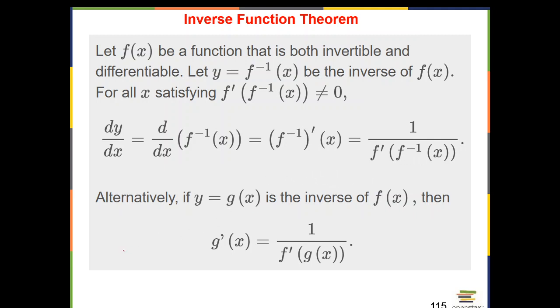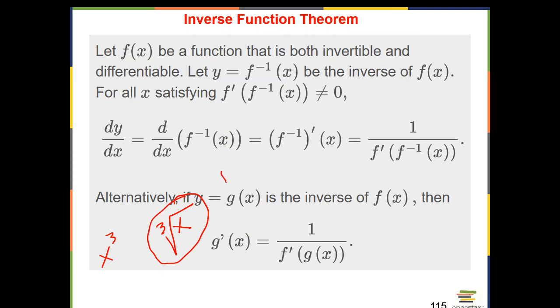So if you think of, let's say, x to the third and think of cube root of x, right? So if I want to find, let's say, the inverse of this, which is the prime of this, the derivative of this would be 1 divided by, right?